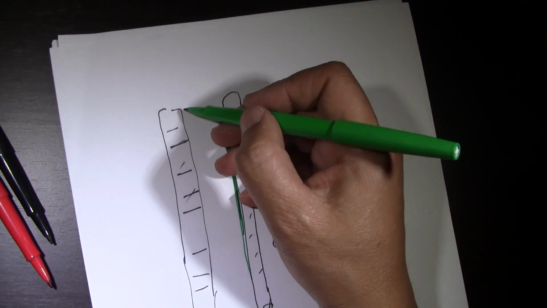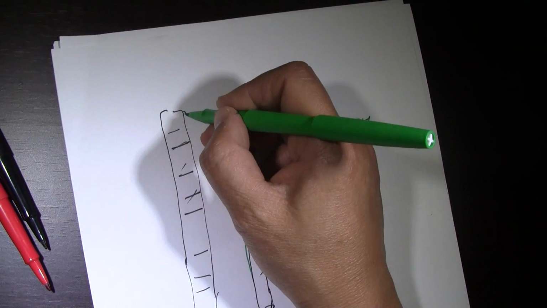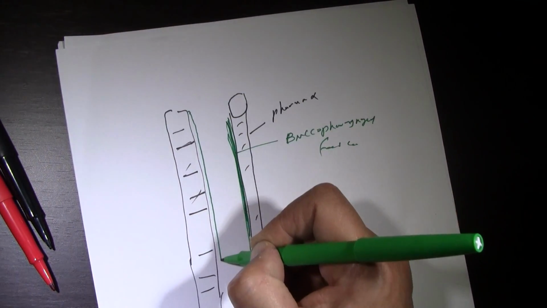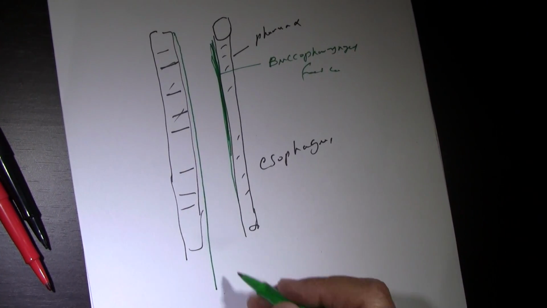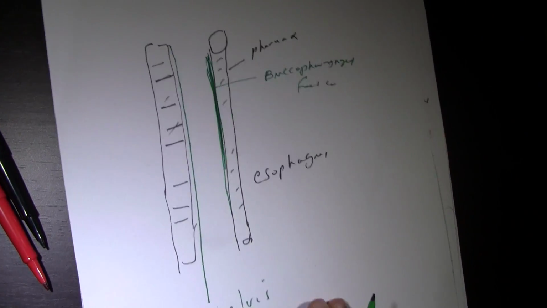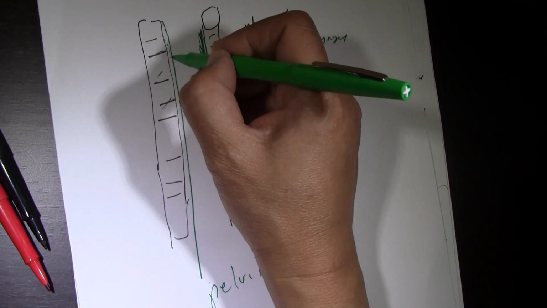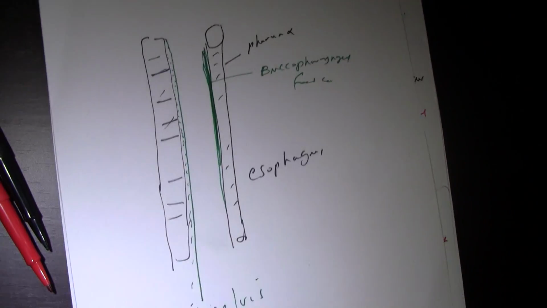And here is the prevertebral fascia, anterior to the vertebra, which extends anterior to the whole vertebral column, even to the pelvis. That's why if there is infection here in the prevertebral space, it can extend down to the pelvis.